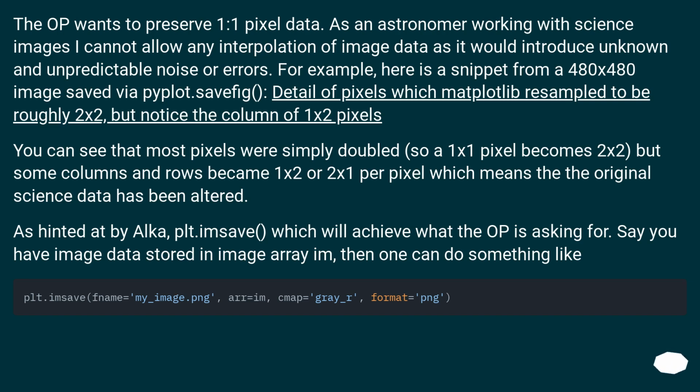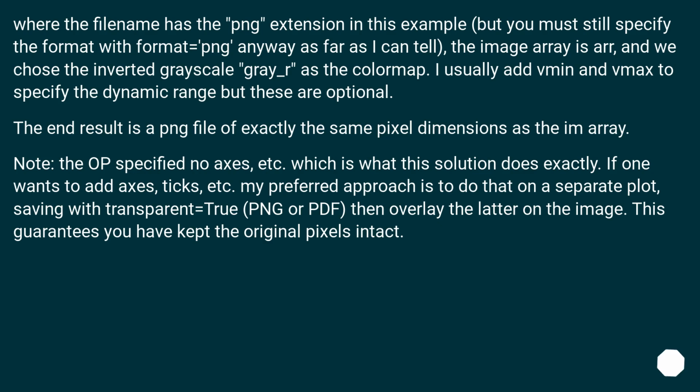As hinted at by alka, plt.imsave will achieve what the OP is asking for. Say you have image data stored in image array M, then one can do something like this, where the file name has the PNG extension in this example, but you must still specify the format with format equals png anyway.